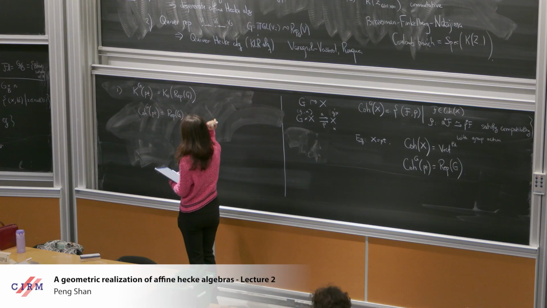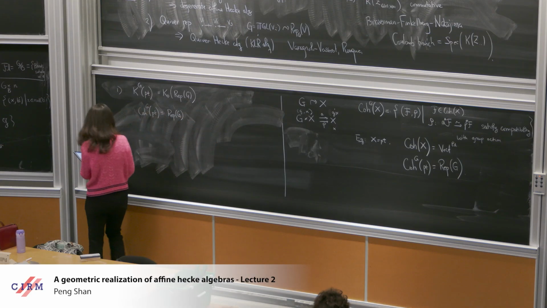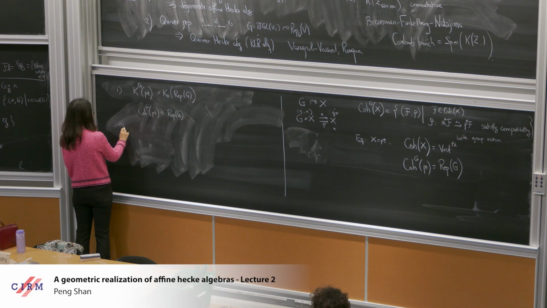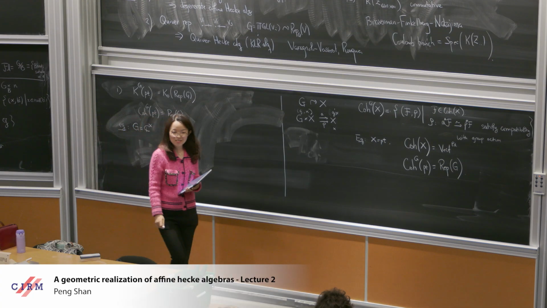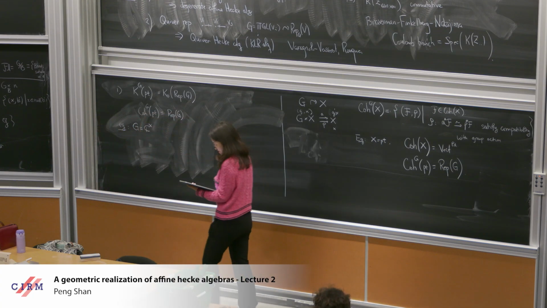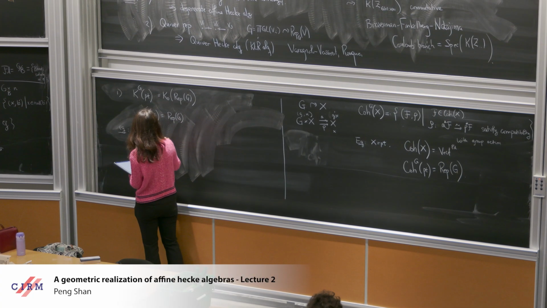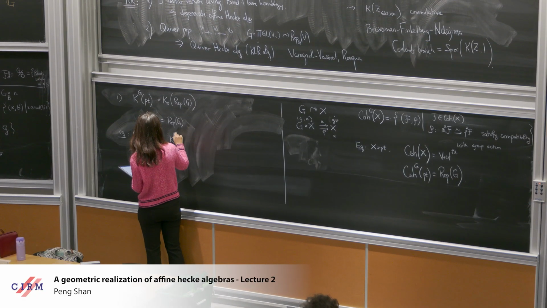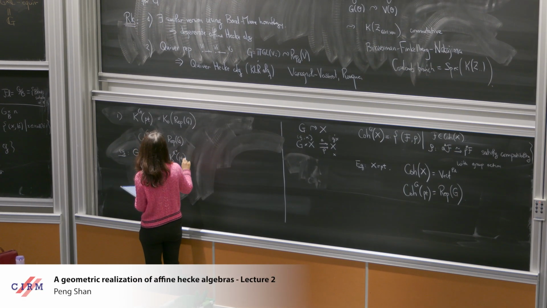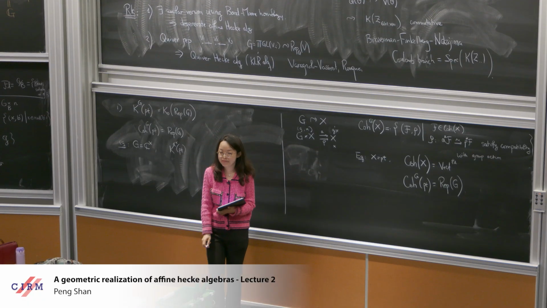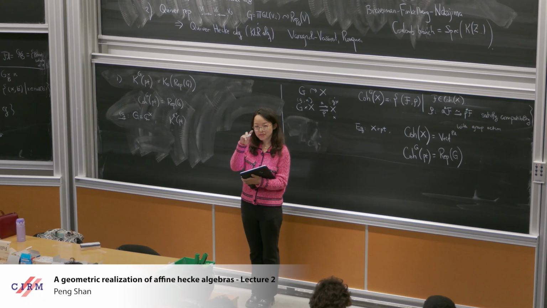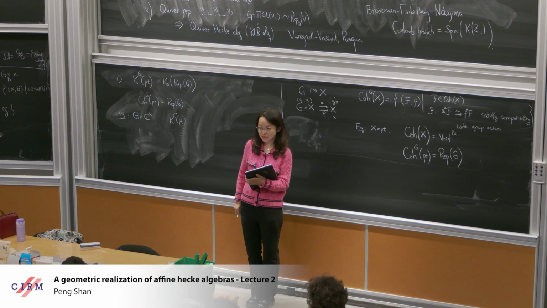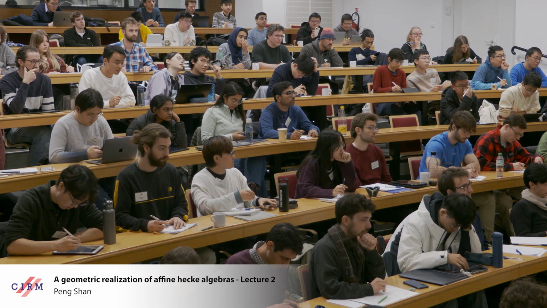And now let's start with some easy case. So if G is just the one-dimensional torus, C star, then in your opinion, what is it?